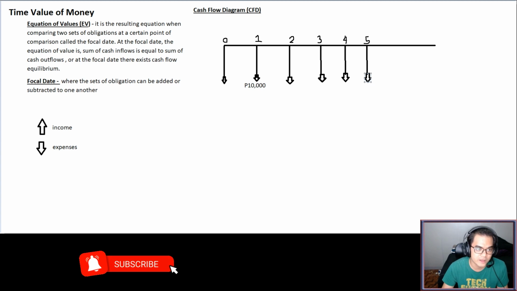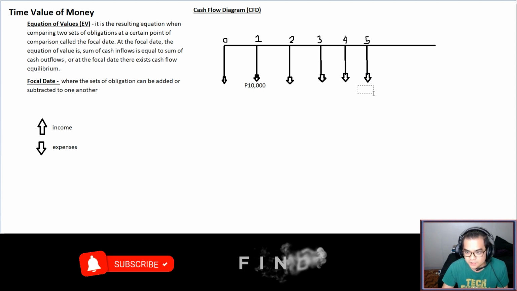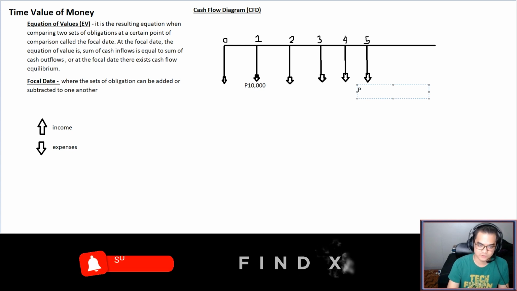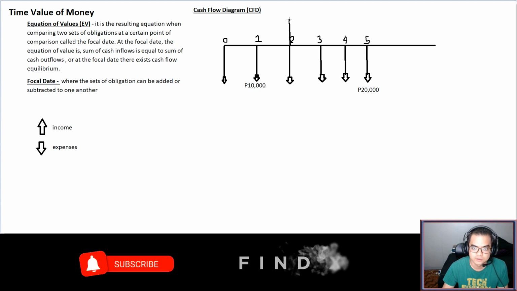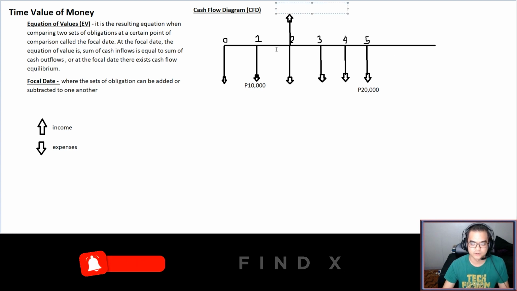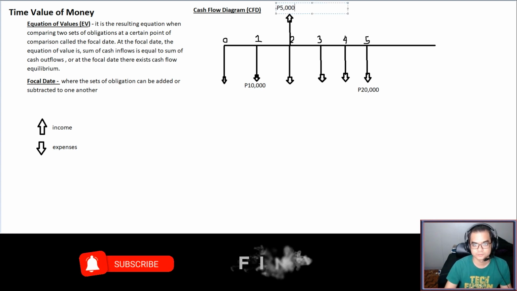Let's say we have another expense at the fifth year, which is 20,000. Then let's have another line at the second year, and let's say we have here 5,000.